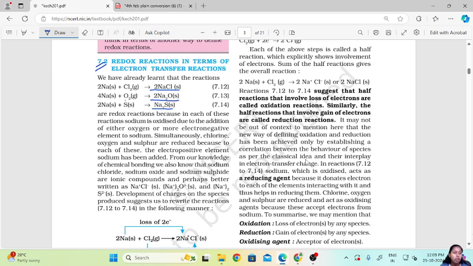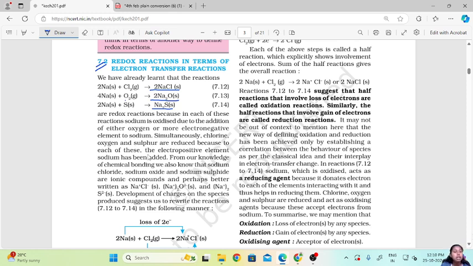These are redox reactions because one involves addition of electronegative element chlorine, another involved addition of oxygen, the next one involved addition of sulfur. Now these are all redox reactions because in each of these reactions sodium is oxidized due to addition of either oxygen or electronegative element to sodium. Simultaneously chlorine, oxygen and sulfur are reduced because to each of these the electropositive element sodium has been added.